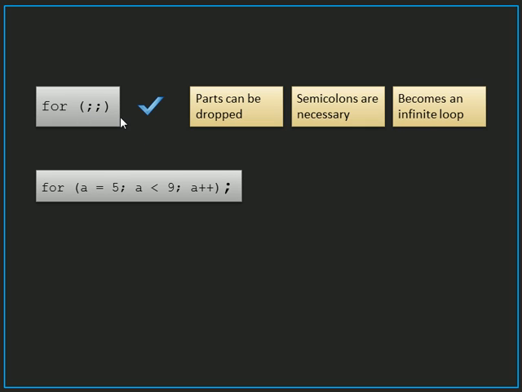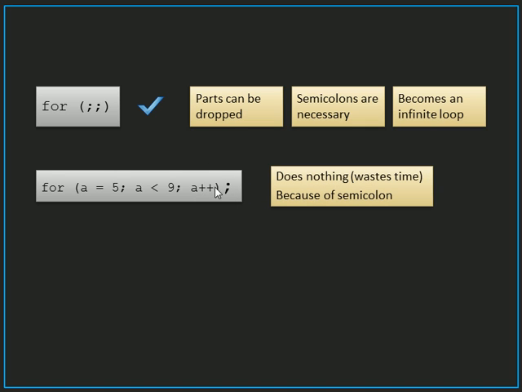Now a common error, or what we would say a misunderstanding. If we write a for loop with the initialization, condition and increment, and sometimes we put a semicolon after the loop, what it does is nothing. It does nothing but waste time.